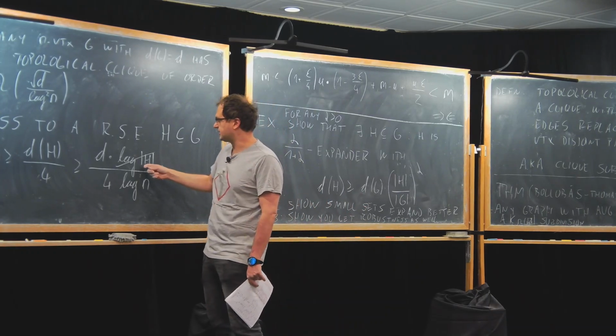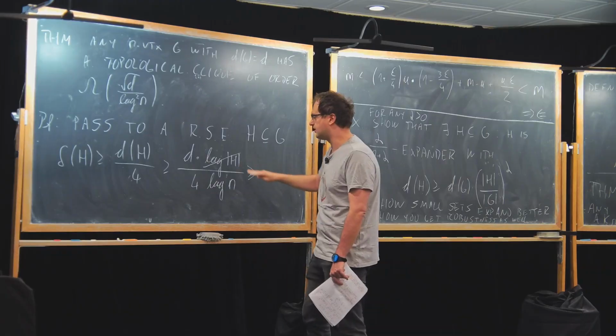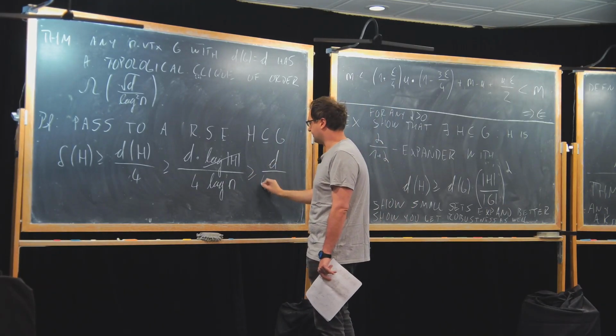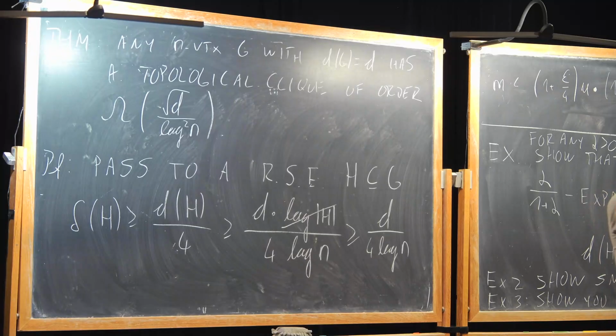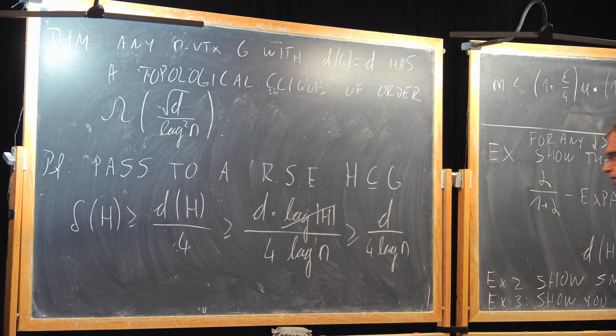And also because it's actually hard to exploit the size of H unless you are very, very dense. So what we do get is that the minimum degree is at least D over 4 log n in this H, okay? Right, and what we're aiming for is something like that. Good?